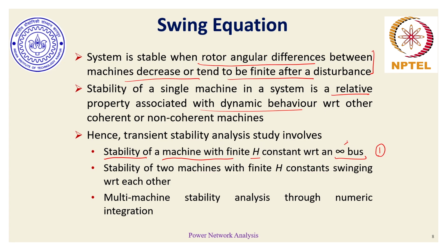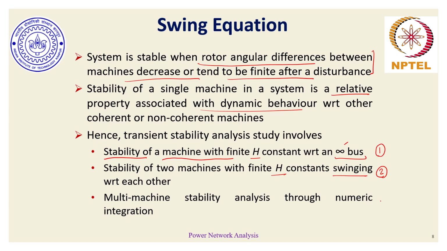Then, having understood case 1, we'll move up to case 2, where we try to understand the stability phenomena between two machines with finite H constants. They can be coherent or non-coherent. So, I have written it for the case of swinging with respect to each other. The discussion that we will follow for the second case can also be applied to two non-coherent machines.